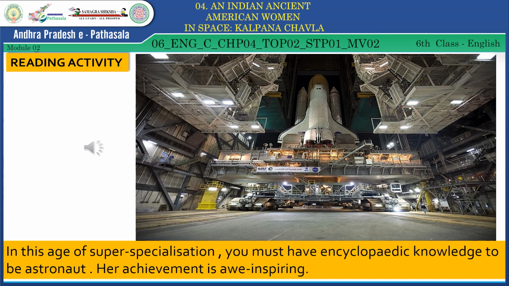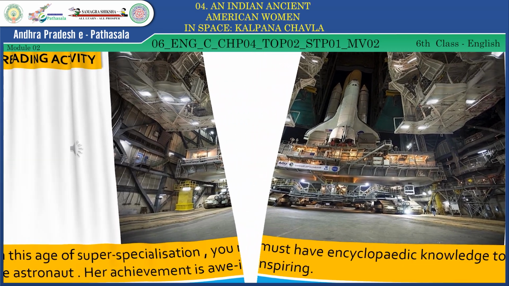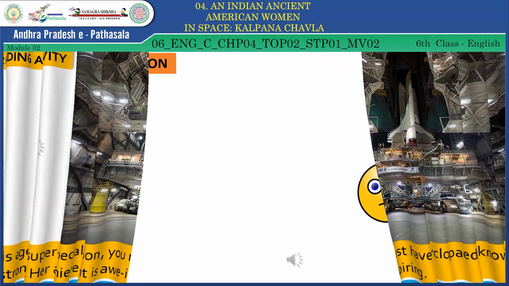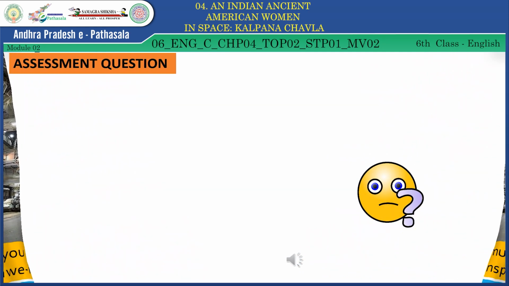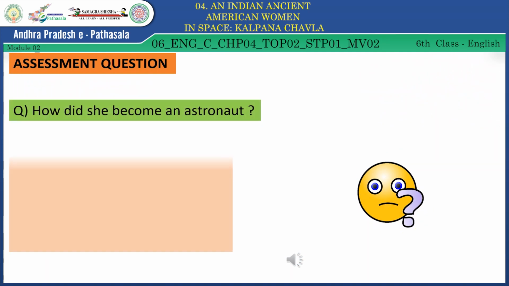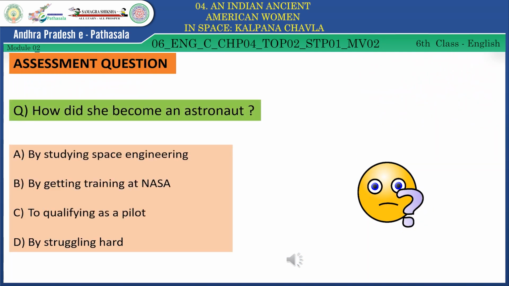Here is an assessment question for you. Assessment question. The question is, how did she become an astronaut? Option A, by studying space engineering.